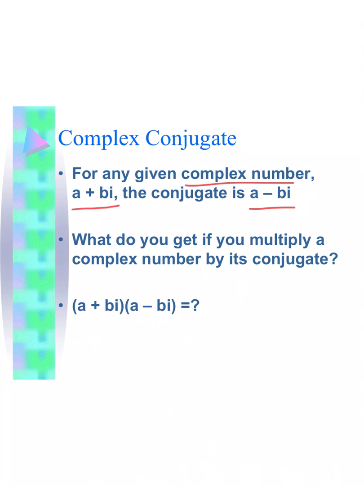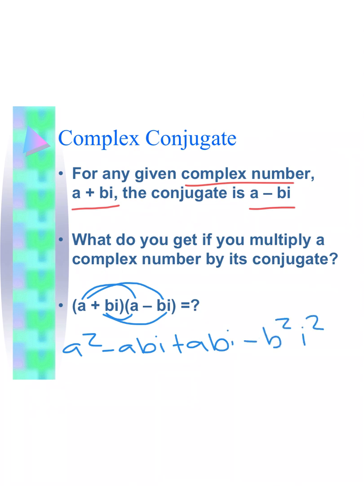Let's go ahead and discuss what happens when you multiply a value by its conjugate. So we're going to multiply the same way we did with our last example. We're going to distribute. So we have a times a, a times negative bi, bi times a, and then bi times negative bi. When we multiply that out, we get a squared minus abi plus abi, and minus b squared times i squared.